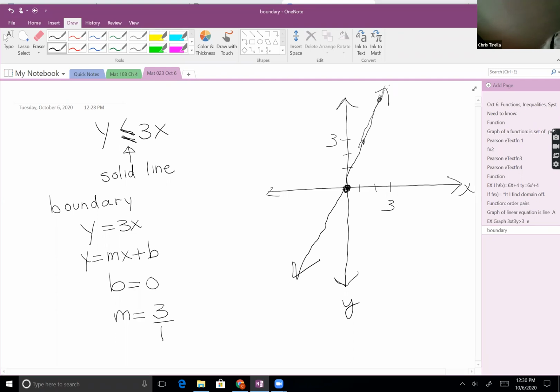Now, to test, I can take any point I want as long as it's not on the line. So here, 0, 0 is not a good test point because it's on the line. Is everybody okay if for my test point, I use this one over here, 2, 1?